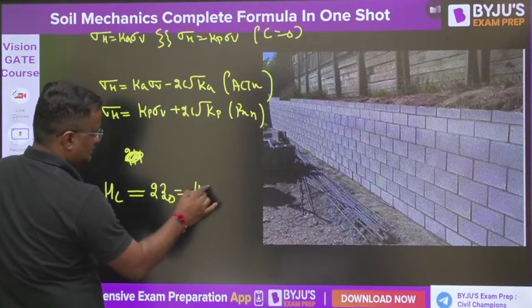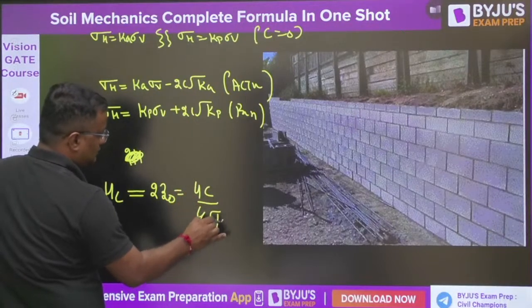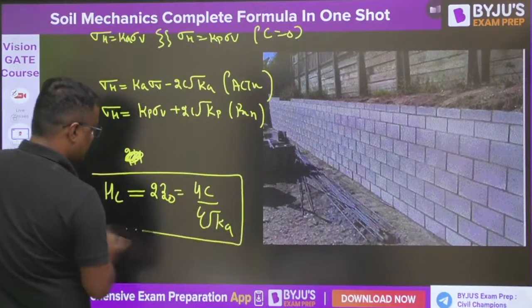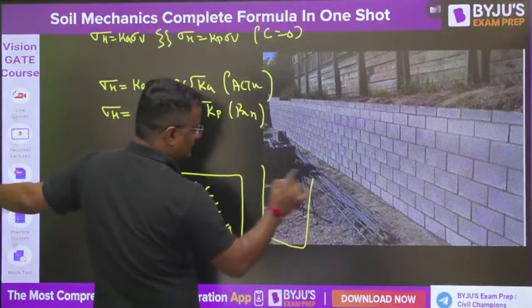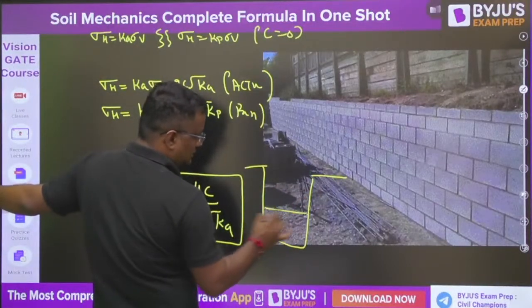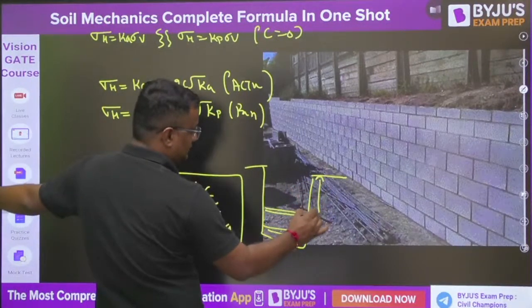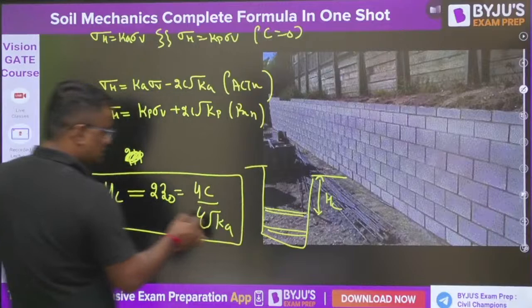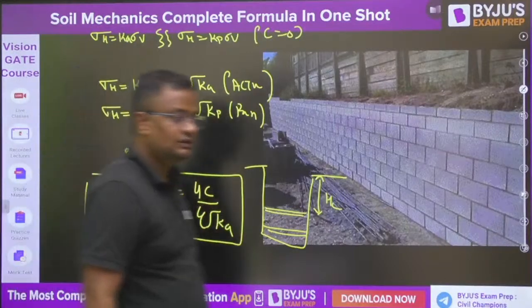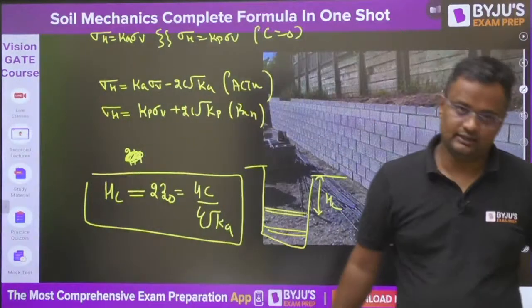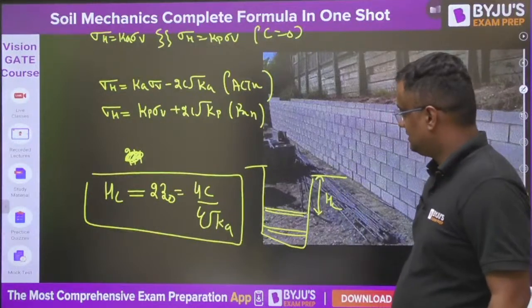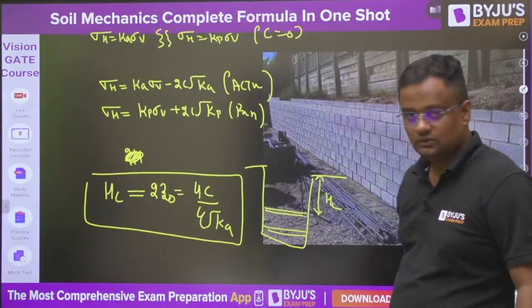This is 4c by gamma root Ka. Up to this height we can excavate. After that, bracings are required. Up to this critical height, 4c by gamma root Ka, there is no bracing required.